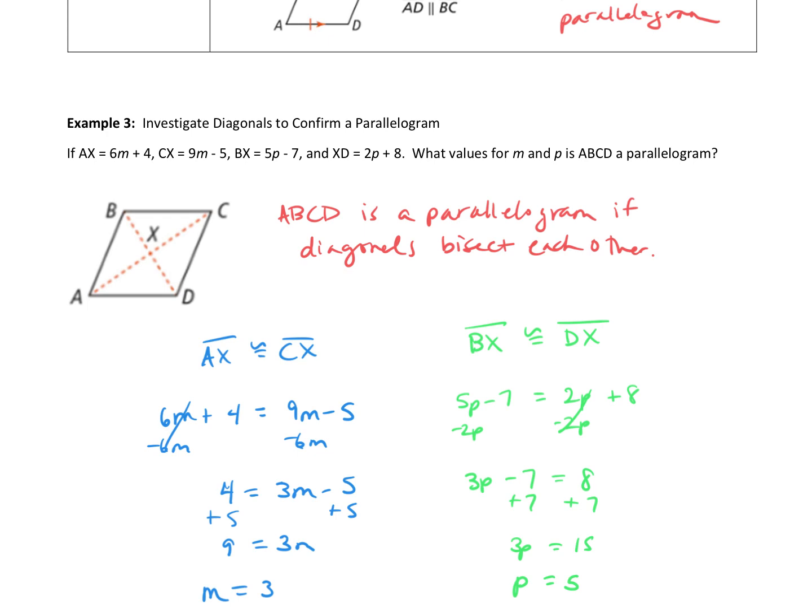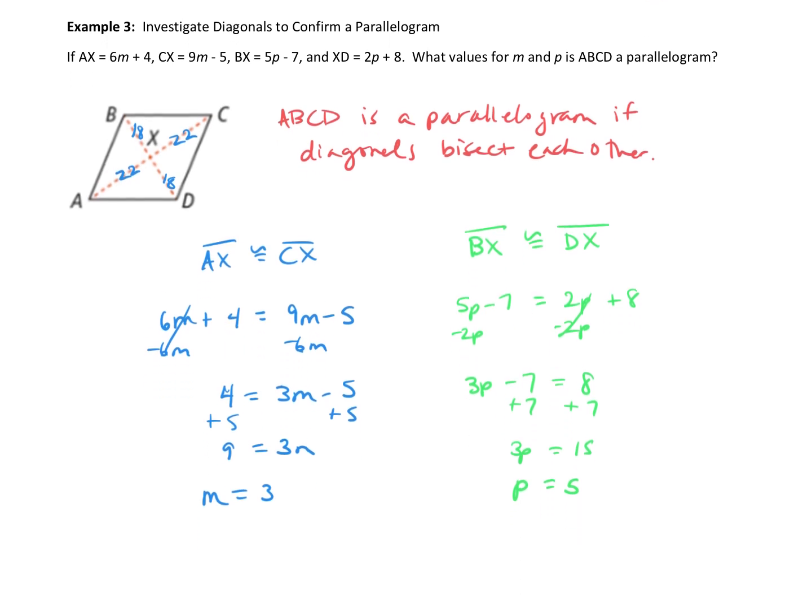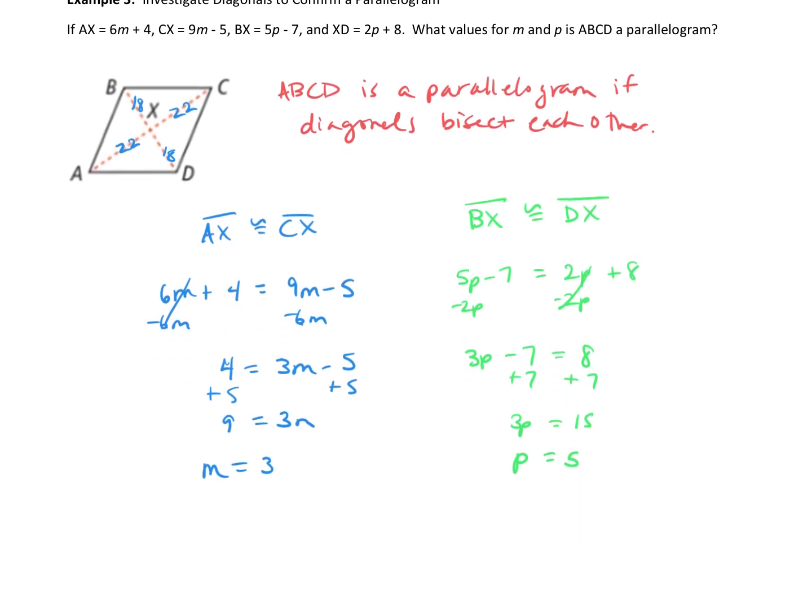Now, if we were to plug those back in, I'll just tell you what we would get. AX would be 22, and CX would be 22, if we were to plug in a 3 for M. If you plug in 5 for P, that gives you 18 for BX and 18 for DX. So those diagonals are bisecting each other.